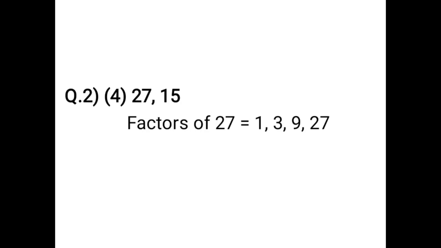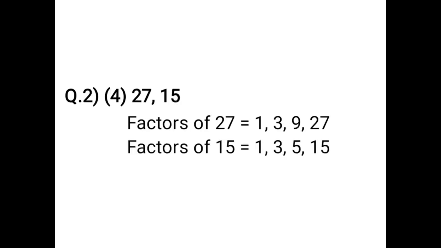The number 27 is divisible by 1, 3, 9 and 27. Factors of 15 is equal to 1, 3, 5, 15. You have to say the table from 2 to 20. You should know it, and then the numbers which are going to the table, you have to write that.